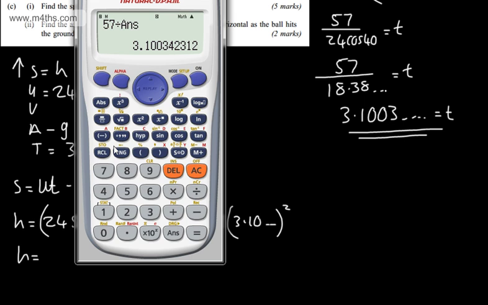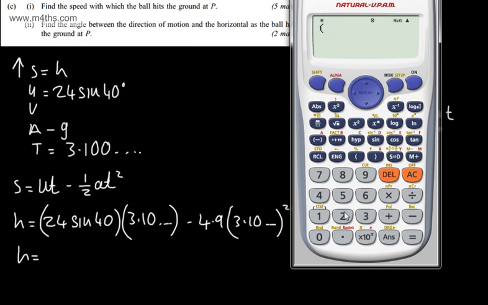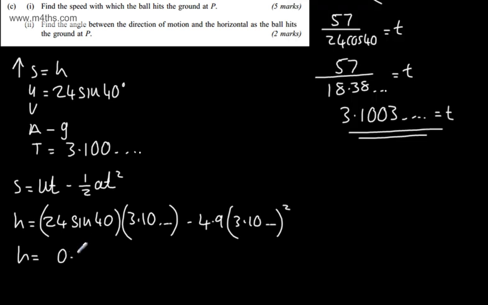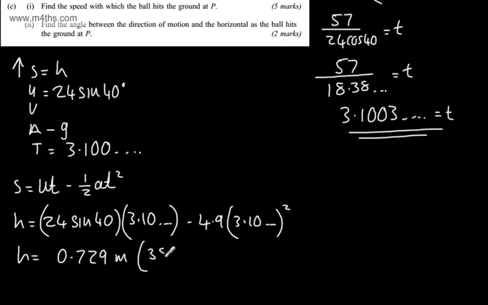If I store this, shift store A, that's going in the calculator. So we've got 24 sine of 40 degrees multiplied by A, and from that we subtract 4.9 times A squared. That gives me 0.729, and that's going to be meters, correct to 3 significant figures. So that's what we have right there.